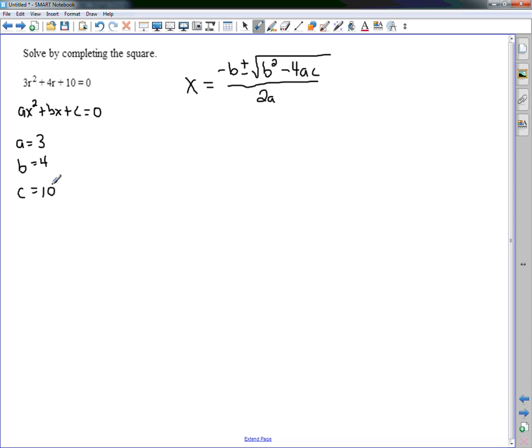Now what we do is we take these numbers and plug them in and simplify. So we have x equals negative b, my b value is 4, plus or minus the square root of b squared minus 4 times a times c over 2 times a.